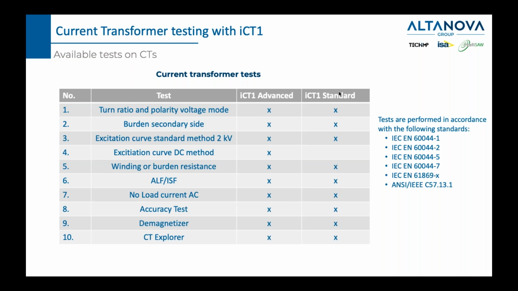You can also test no load current, do an accuracy test, demagnetization, and CT Explorer. As you can see here, we abide by all international standards: the old IEC 60044-1, 60044-6, 60044-7, and the new one, 61869, as well as IEEE or ANSI C57.13.1.